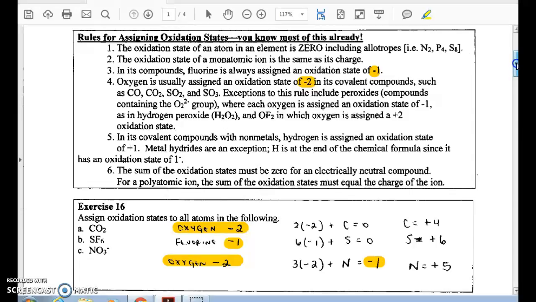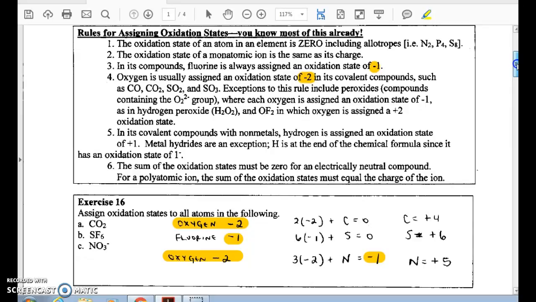So the next thing we generally do in oxidation-reduction reactions is we identify which atoms are oxidized and which atoms are reduced in a particular chemical reaction.